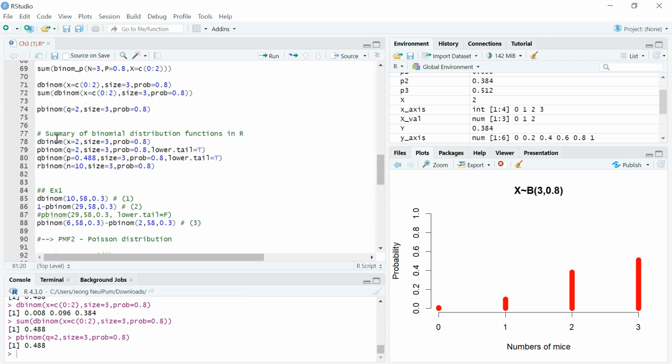And so to sum up, there are 4 kinds of R functions dealing with the binomial distribution. When you want to get just the probability or density, we can just use the binomial function here. Or when you want to get the CDF value of the binomial distribution, we can use the p-binomial function. And this lower tail option is just about the direction.